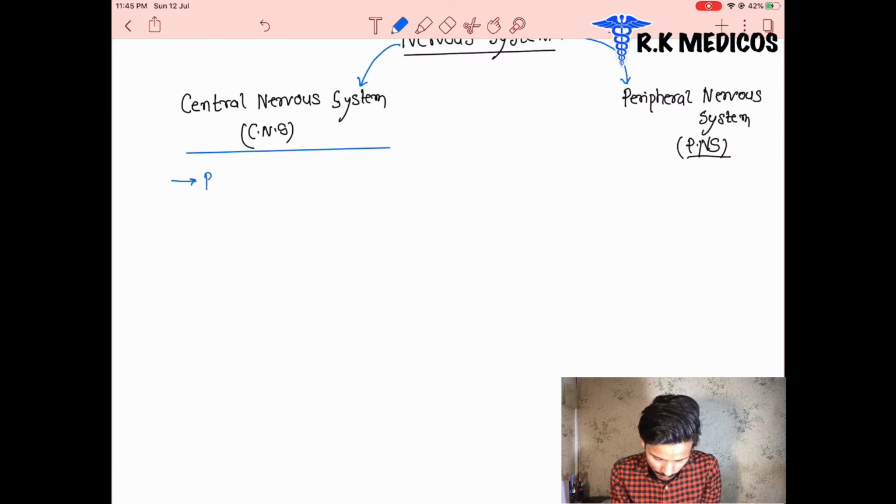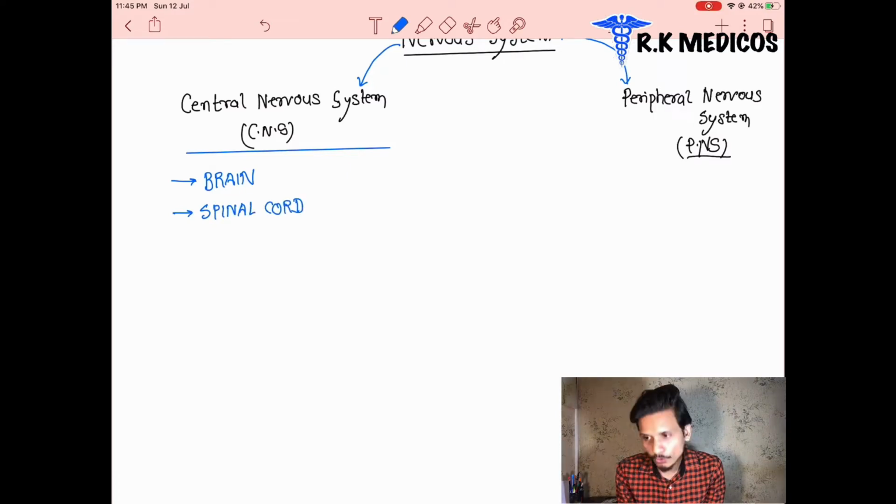The first one is the brain, and the second one is the spinal cord. The brain and spinal cord are the two most important parts of our central nervous system. They regulate all the activities of our body, whether regulated by the brain or by the spinal cord. These are the two regions of the central nervous system which regulate all the activities of our body.